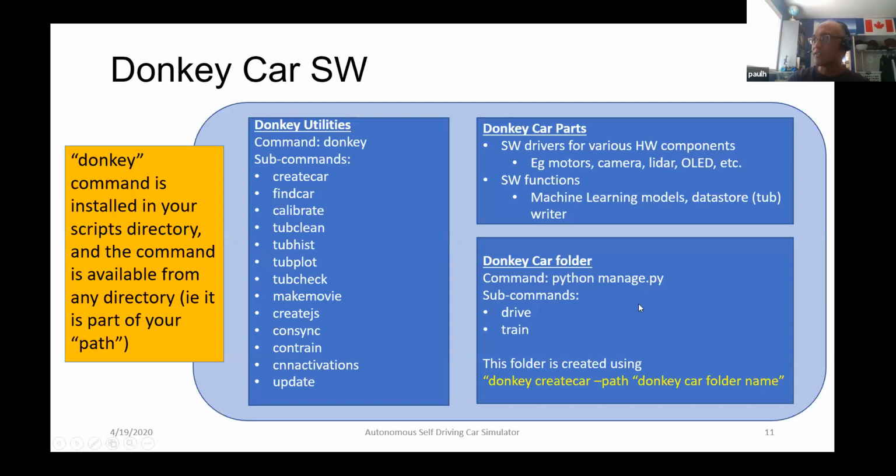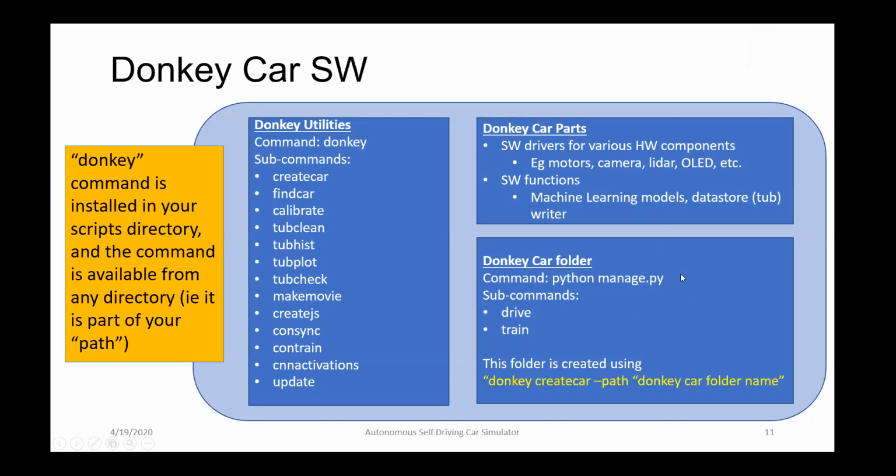In that folder will be your manage.py, and it will also contain your myconfig.py. So just go to the folder that you created for this car. I call it the car folder. I'm not sure what the right terminology is, but go to your car folder, and in there you'll have manage.py, and this is where you run your manage.py drive command and all that.